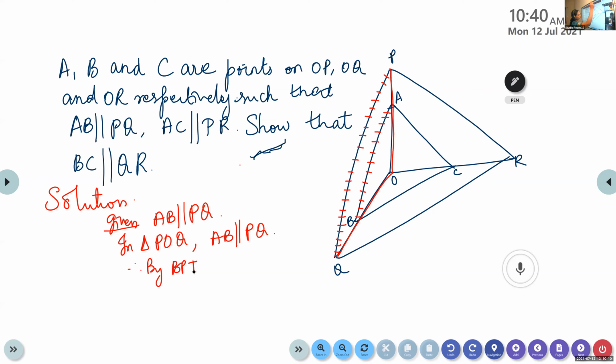Okay, Fia, give the answer. PA by AO is equal to QB by BO. Very good.